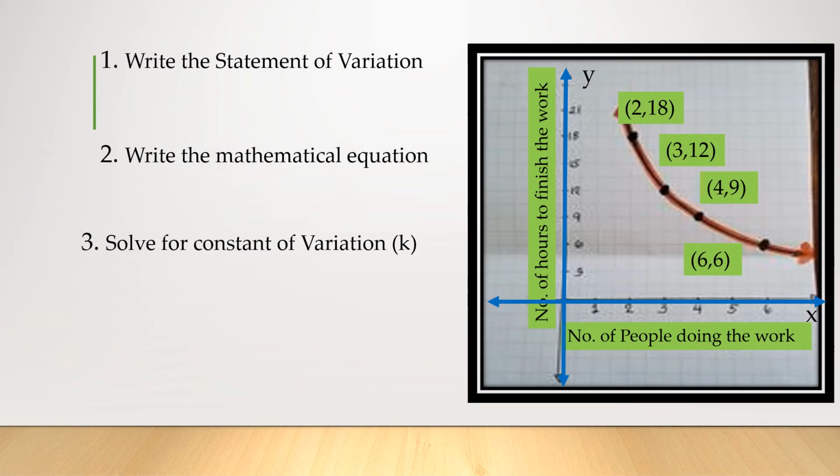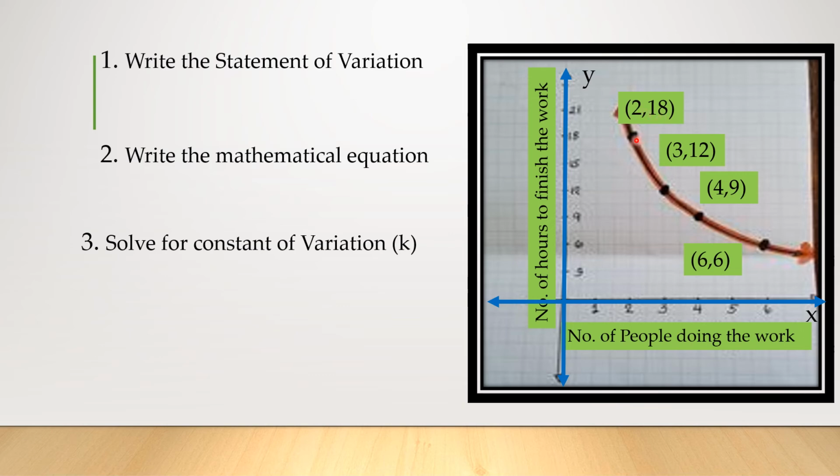So here's the other graph. Let us study this one. We know that there are two quantities, x and y, which means our choices are either direct variation or inverse variation. The x here represents the number of people doing the work, and the y, the number of hours to finish the work. If we observe the ordered pairs, if x is 2, the value of y is 18.